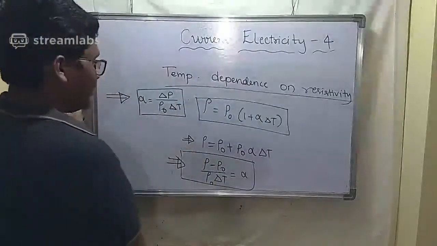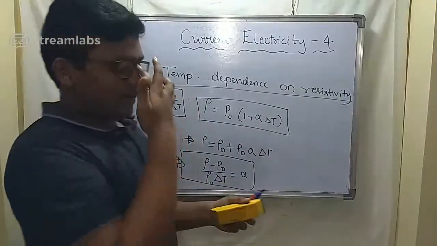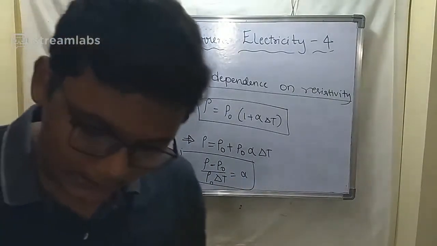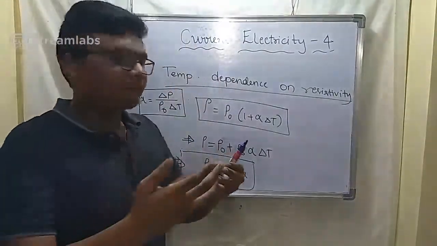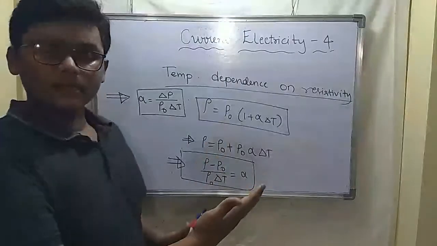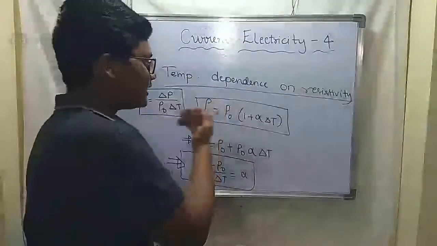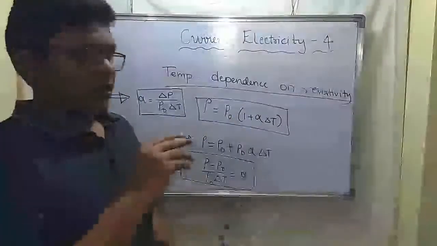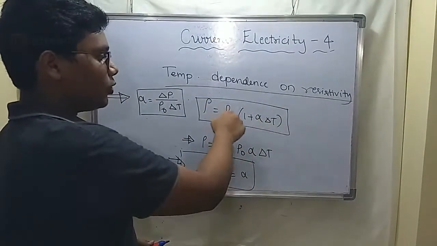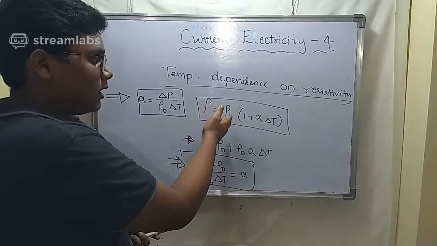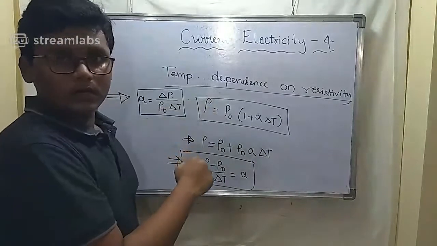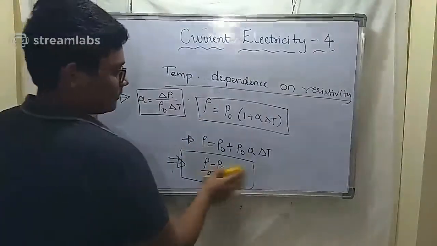We got this. Okay. When the temperature is slightly increased or heavily increased, say 5 to 10 degrees Celsius or still more, then we get the resistivity rho equal to rho naught into (1 plus alpha delta T), where alpha is the temperature coefficient, delta T is the change in temperature, rho naught is the resistivity at the normal, reference temperature, and rho is the resistivity when the temperature is increased.